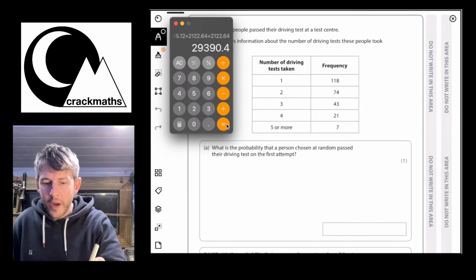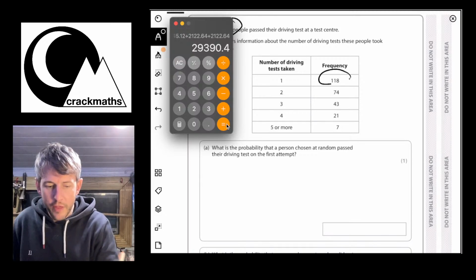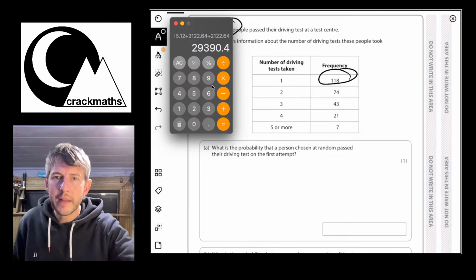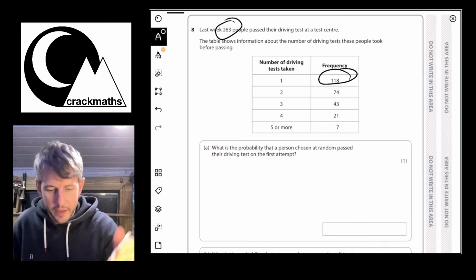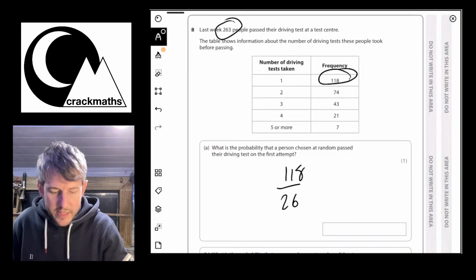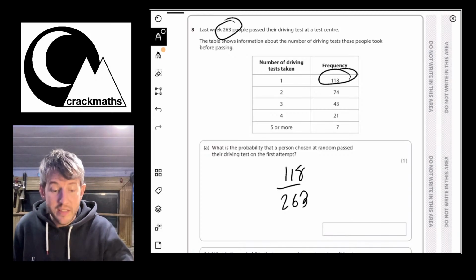Right, so we know that there's 263 people that took their driving test, and 118 of them passed on their first attempt. So the probability of this is going to be 118 out of 263. Okay, they haven't asked us to simplify this fraction, so we can just leave it as that.